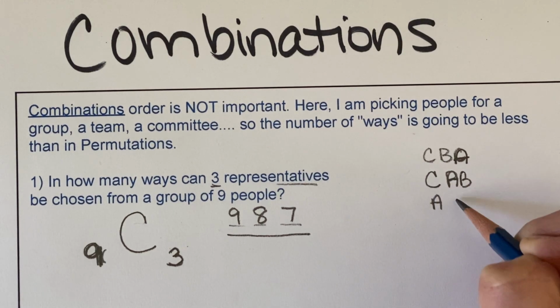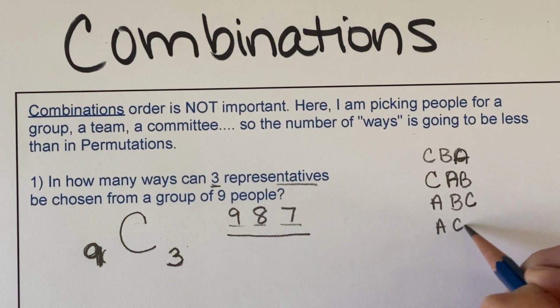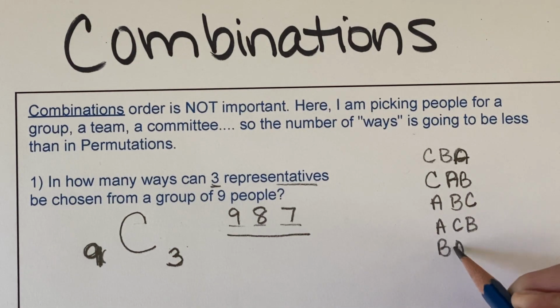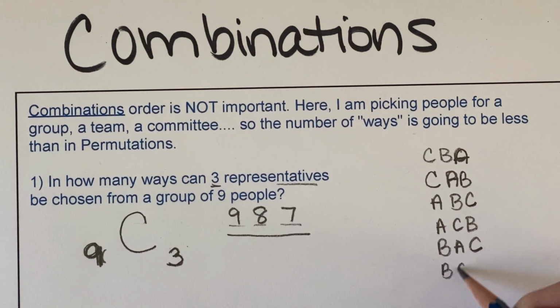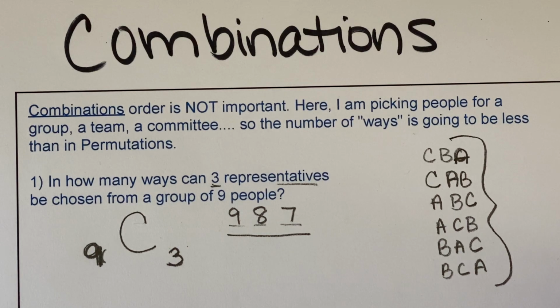Or Anna, Bobby, Charlie. Or Anna, Charlie, Bobby. Or Bobby, Anna, Charlie. Or Bobby, Charlie, Anna. All these different ways really represent one way that I'm going to have these 3 representatives.